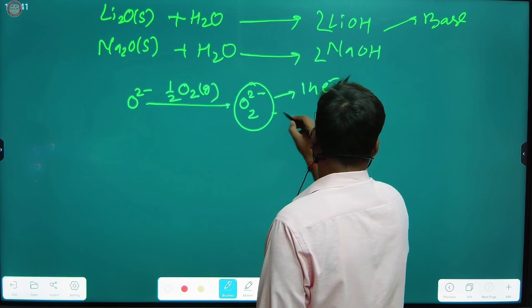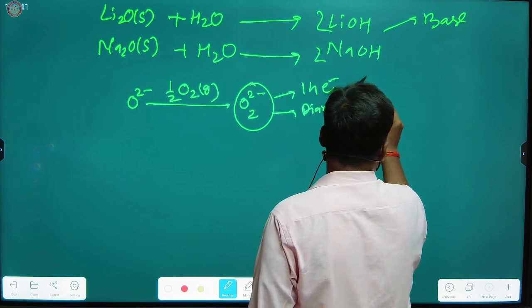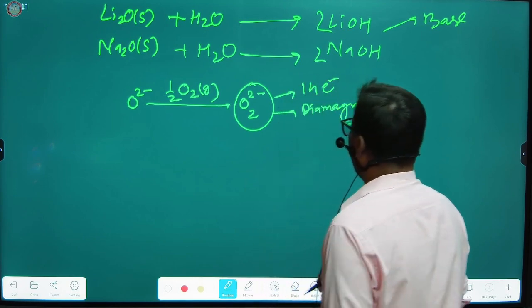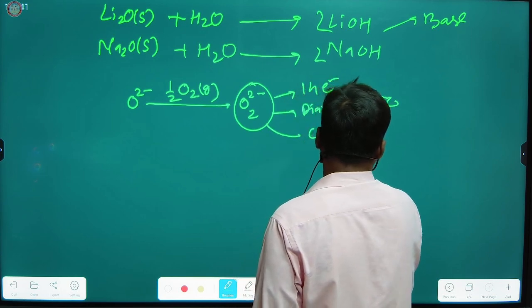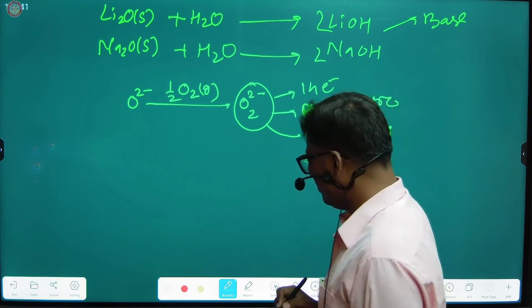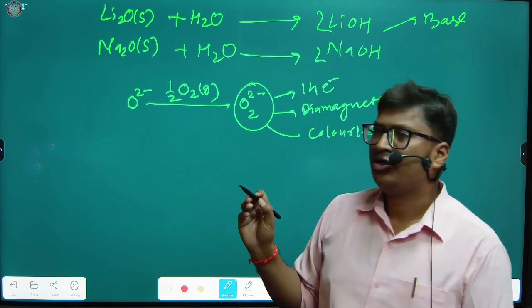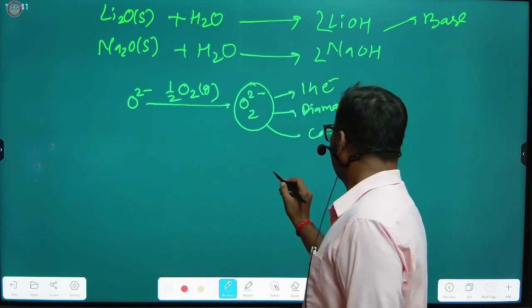That is why it is diamagnetic, and the compounds are colorless.